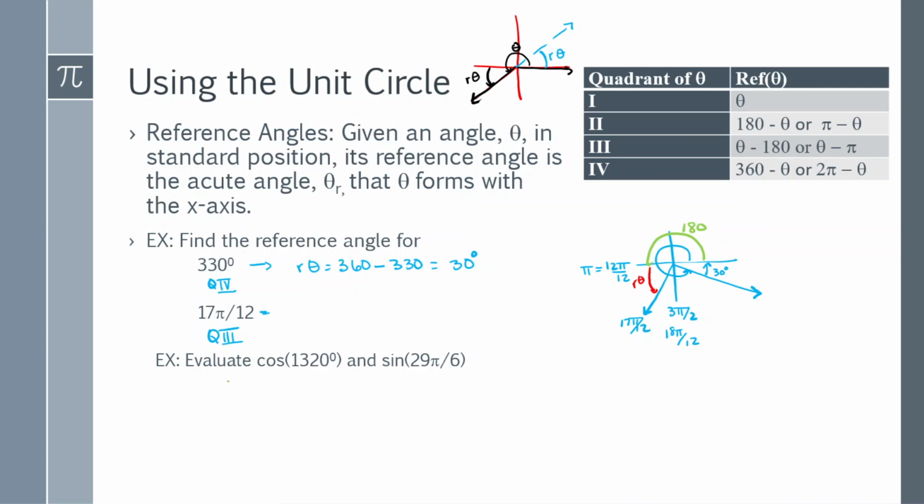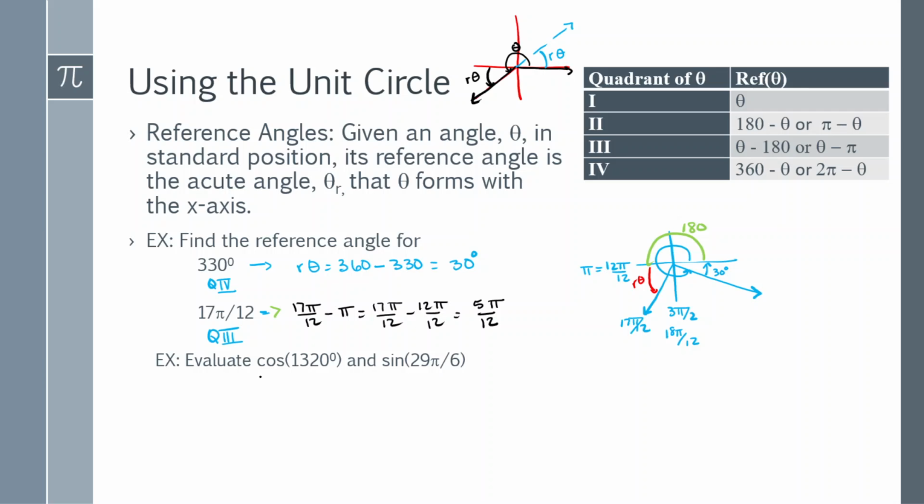So I'm going to take 17 pi 12ths, and I'm going to subtract the 180, which is pi. So that's 17 pi 12ths minus 12 pi 12ths. And so that's 5 pi 12ths.